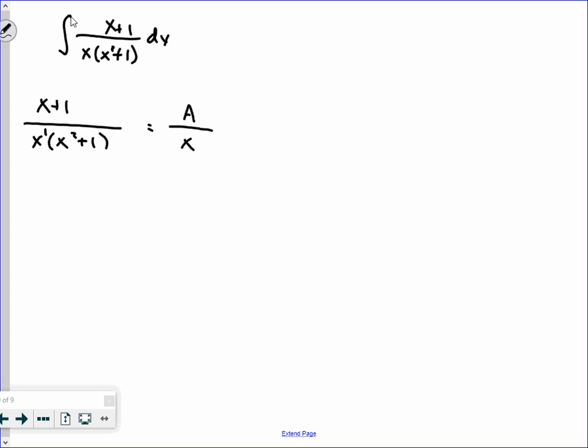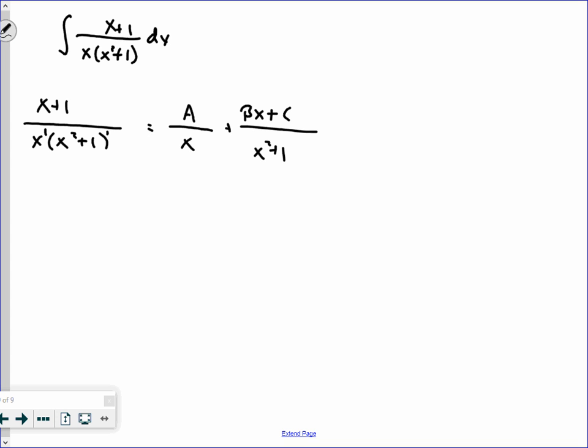We talked about irreducible quadratic factors in the denominator. I have a fraction over x squared plus 1, but it has a linear factor on top. And I only have one of these fractions because my x squared plus 1 term, thankfully, is just the first power.